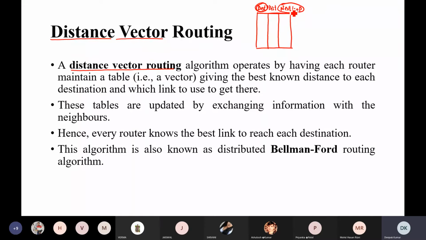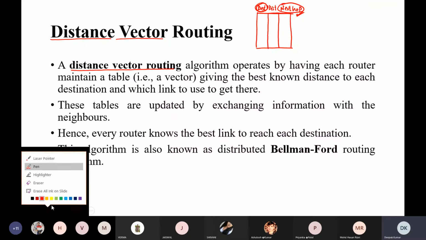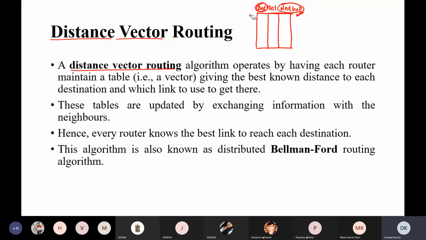That's why it is called next hop: the packets will propagate through this hop. So which path the packet will follow is described by the next hop. We will see in this discussion how the routing table is created by each node and how it is shared with other nodes.